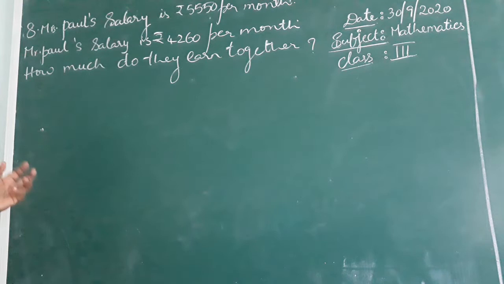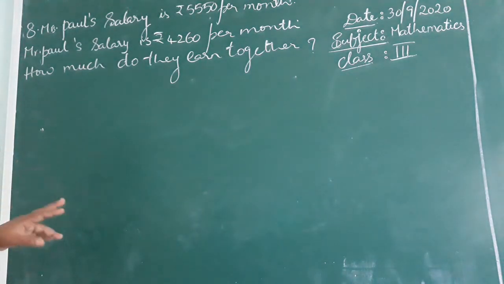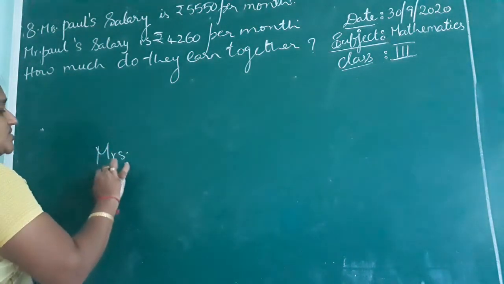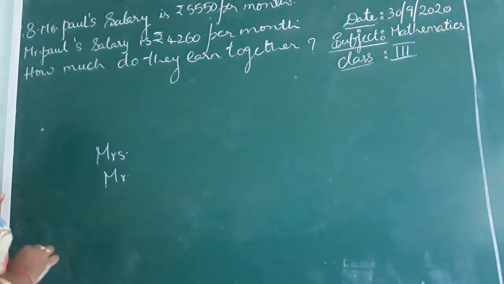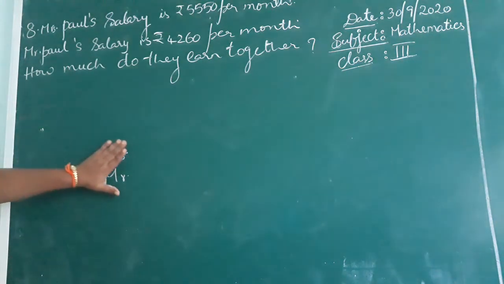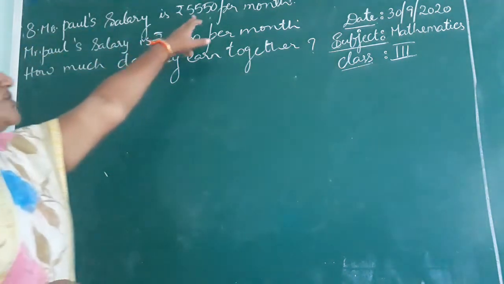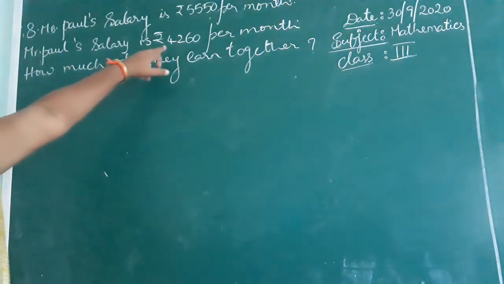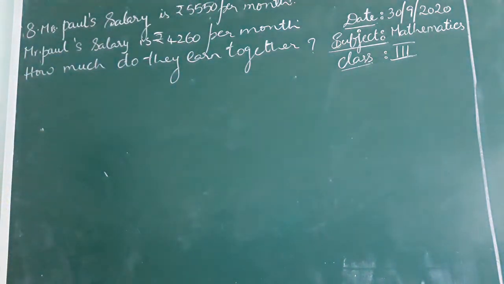A person named Paul, Mr. and Mrs. Mrs. means M-R-S, mistress, a woman, and Mr. means man. So Mrs. Paul's salary is 5,550 per month and Mr. Paul's salary is 4,260. Those two are wife and husband. So how much do they earn together? Both of them, how much do they earn in a house? Okay, see that.